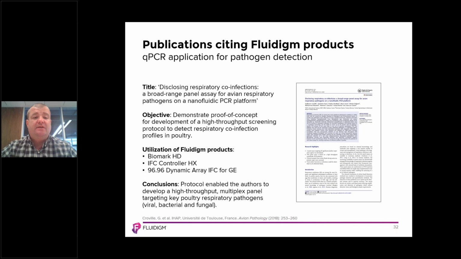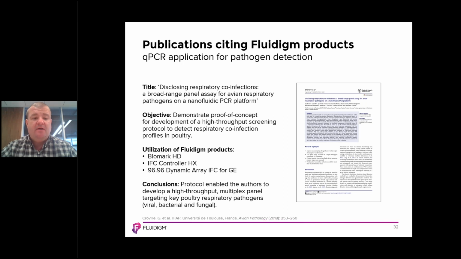The first example is really using real-time PCR for pathogen detection. You can see that this study was titled Disclosing Respiratory Co-infections, a broad range panel assay for avian respiratory pathogens on a nanofluidic PCR platform. The objective of the study was to demonstrate proof of concept for development of a high throughput screening protocol to detect respiratory co-infection profiles in poultry.